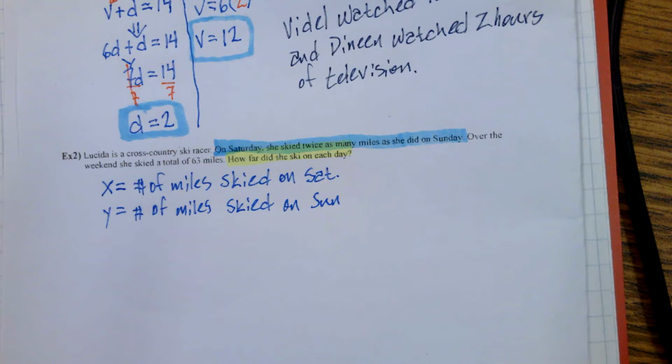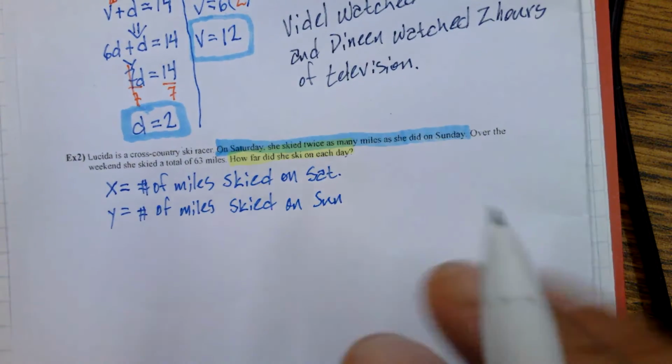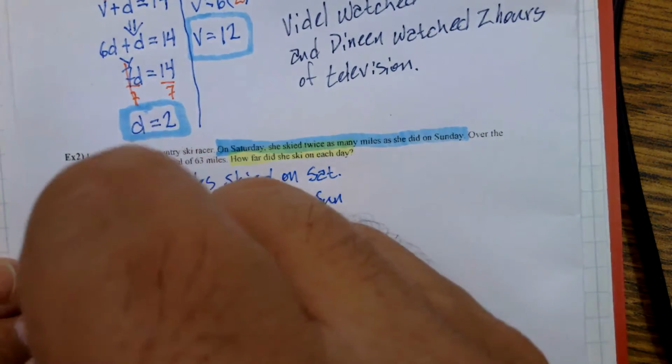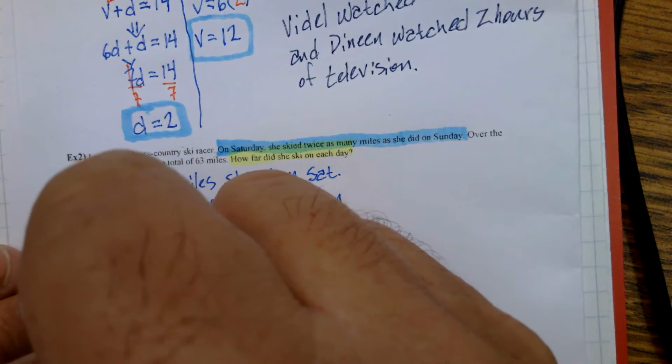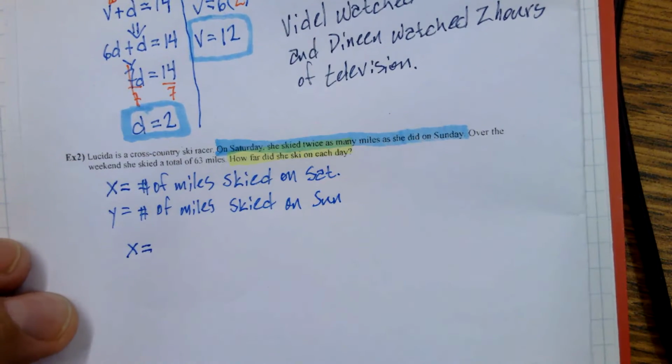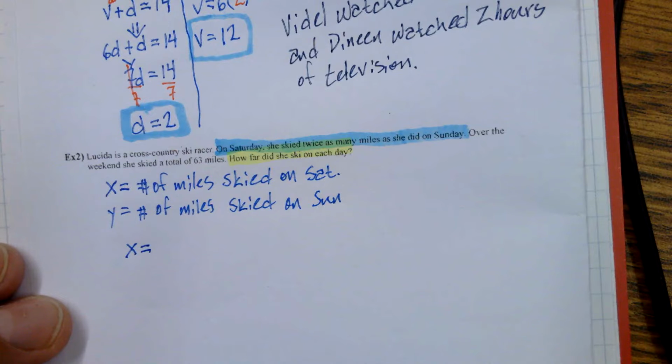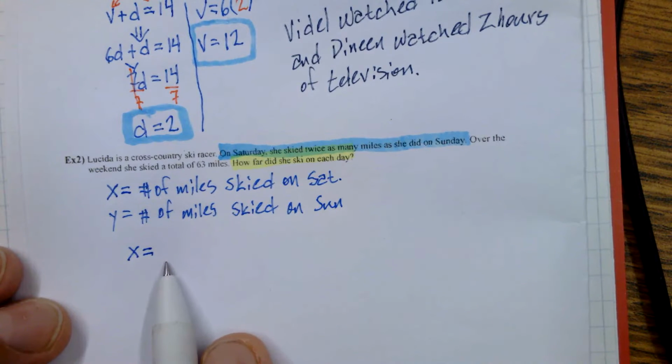Saturday or Sunday? How many more? Twice as many. So Saturday on our variables is X. X equals, how would I write that? X equals what? If we want to show that it's twice as many as Sunday.